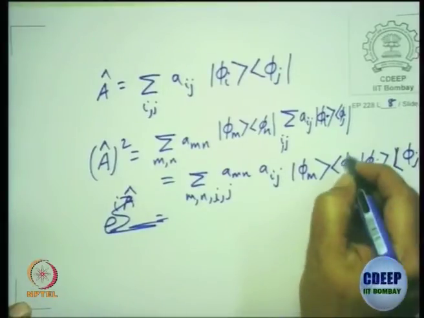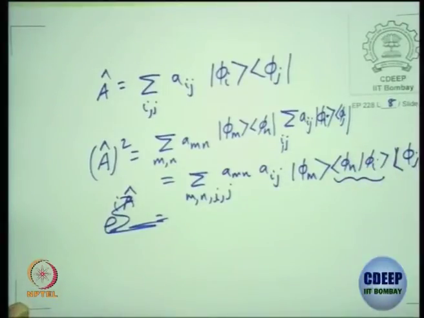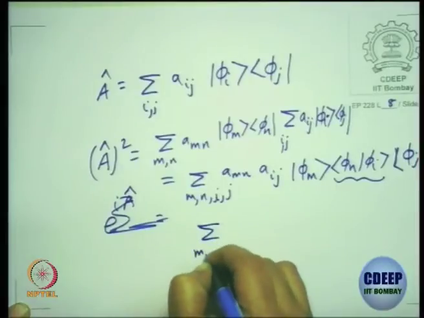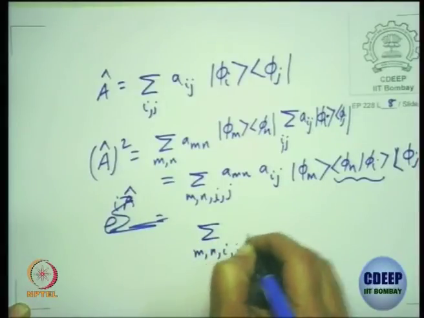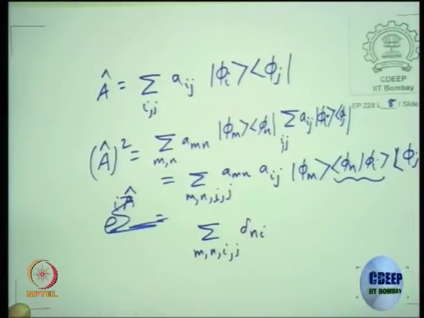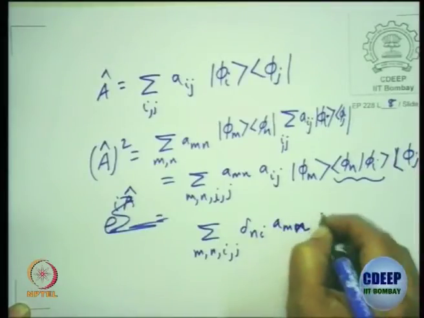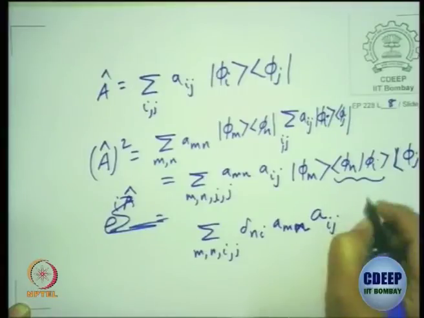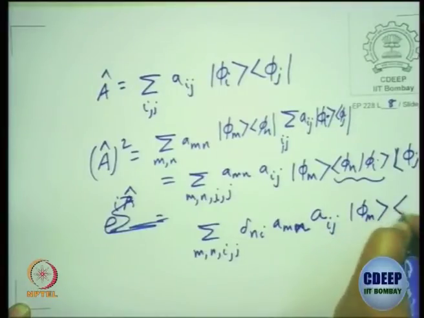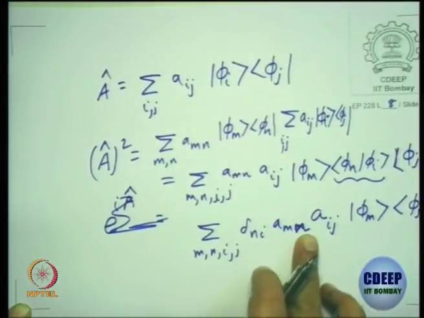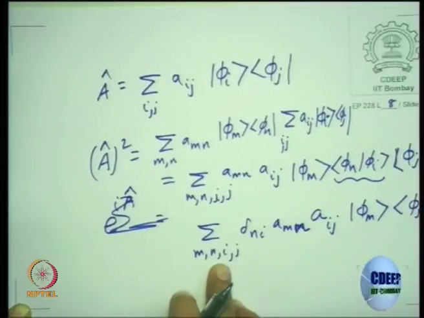What is <phi_n|phi_i>? It's delta ni. So you will have summation over m, n, i, j of delta ni a_mn a_ij |phi_m><phi_j|. Wherever n is there, I can replace it by i, and one summation is gone.